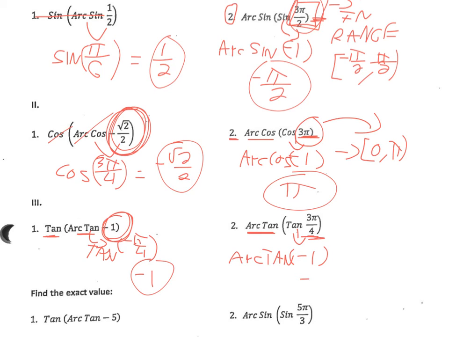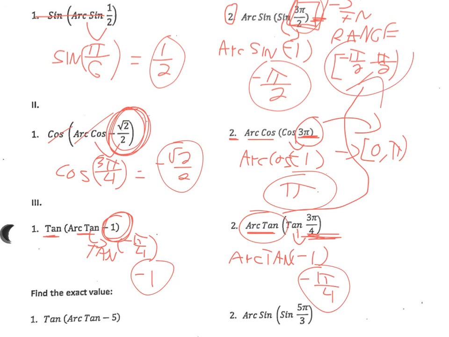This is -pi over 4. And remember, the range for arc tangent is the same as the range for arc sine or inverse sine, which is this. And 3 pi over 4 is not in this range. All right? Okay, so I'll just stop it there, and then we'll just do one more video for the bottom.